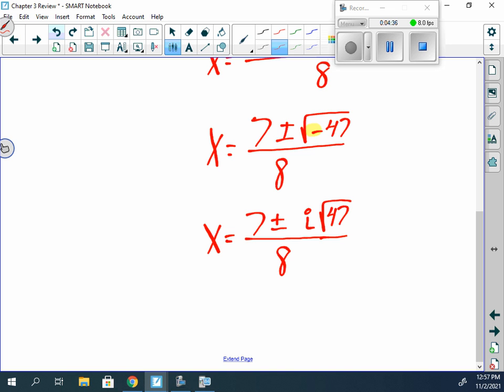And we're left with the square root of 47, because the square root of 47 will not simplify any further than that. And that's it.